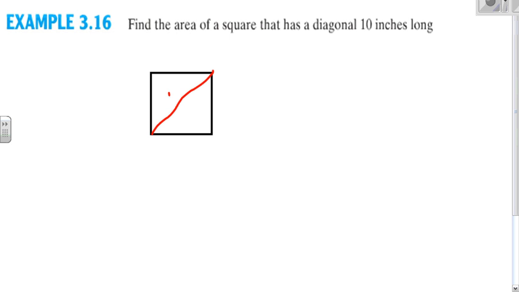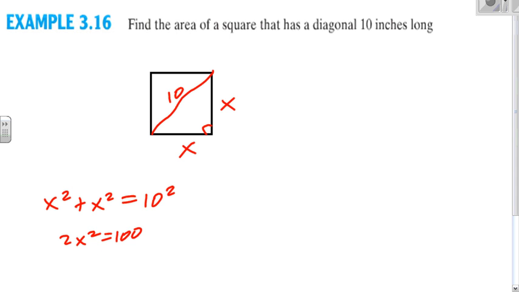So if the diagonal is 10, it is a square, so the two legs would be the same length, and the diagonal would be the hypotenuse. So we get x squared plus x squared equals 10 squared. 2x squared equals 100. So x squared equals 50.